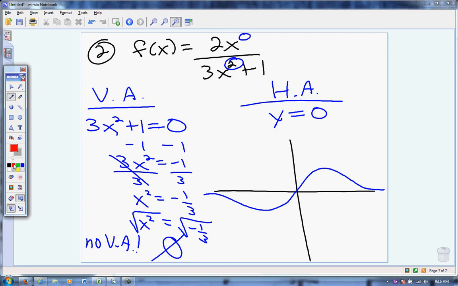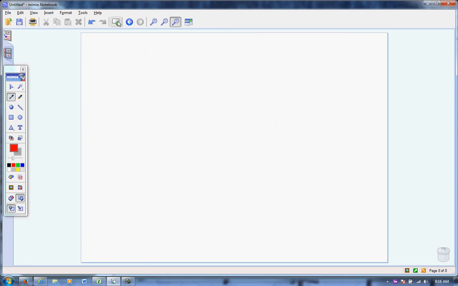The horizontal asymptote is right here on the x-axis. So it does cross it at one place, at the origin. But everywhere else, it never gets there. Okay? It gets really close, but it never gets there. Okay? One more type of problem.